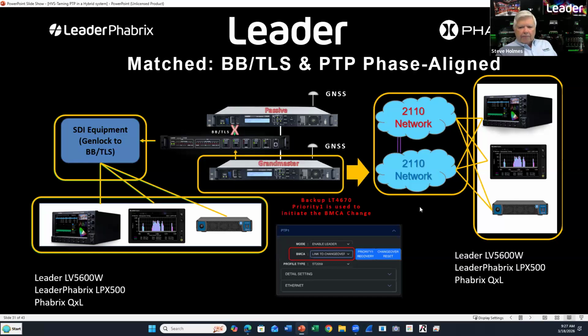The second piece is, in most cases, PTP is auto recovery. So if a fault goes away, PTP corrects itself. And it would turn around and walk from this grandmaster back to this grandmaster, and this guy would become passive again. This guy would become active. But faults may come and go.